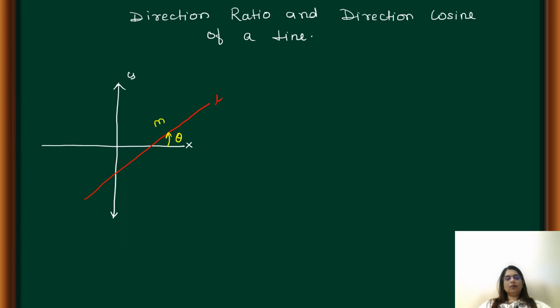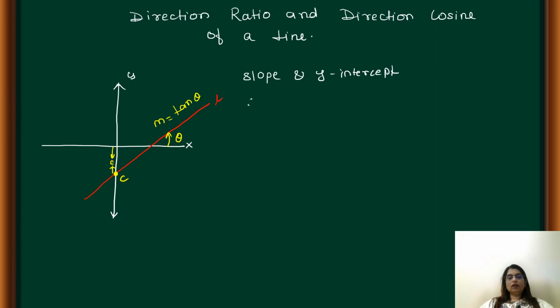Then m, which is slope, will be tan theta. I hope everybody remembers this. This distance here is c. This point is c. So understand, the parents of a line are slope and y-intercept. These are the parents of the line, correct.